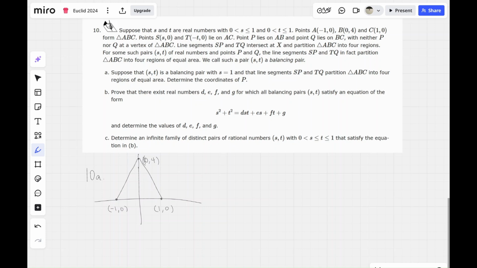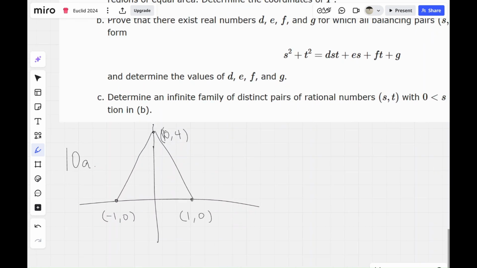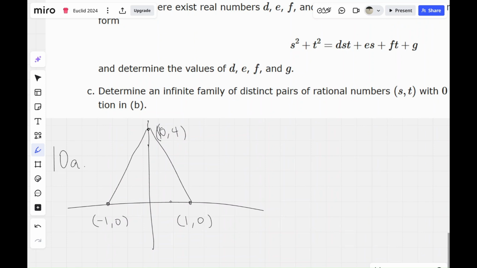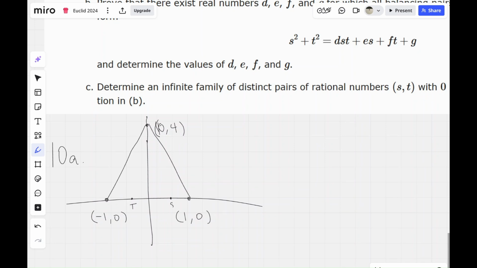We're also given points S and T on AC, and we then have Q and P such that these 4 regions all have the same area.